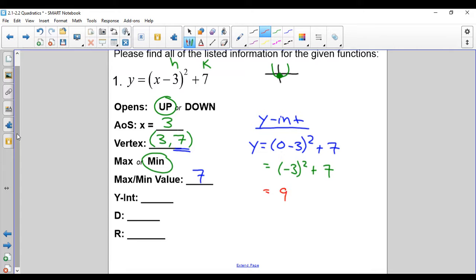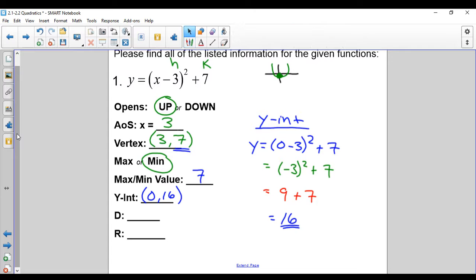You square a negative number, it always comes out positive. That's 9 plus 7. It's 16 is your y-intercept. Now I want that as a point. It's (0, 16). That's a point on the graph, so I want it as a point.